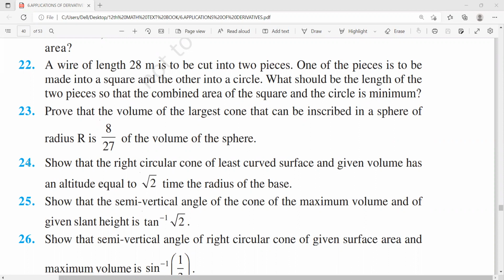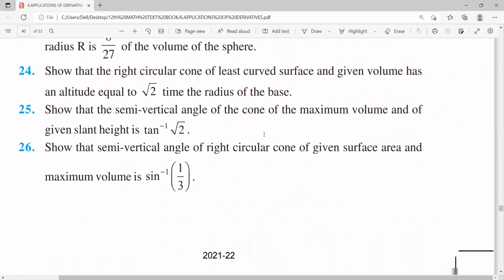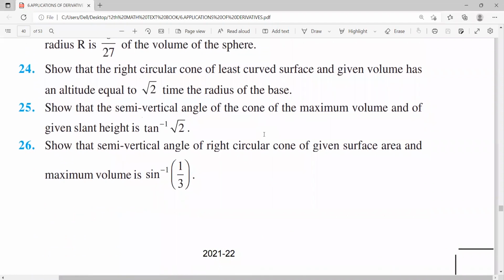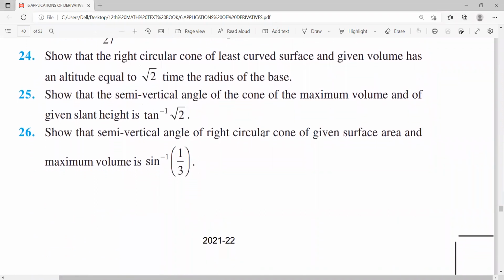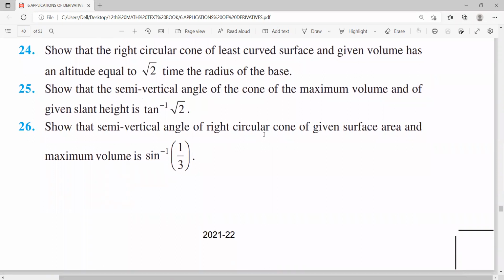So we have here the 24th question. Harshika, you can start doing the 24th. Yes, sir. One second, I'll be back. Okay, sir.